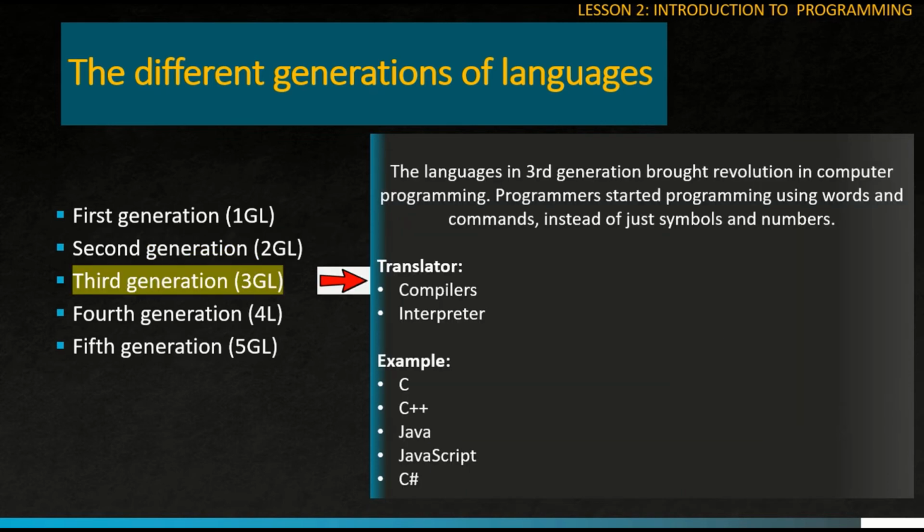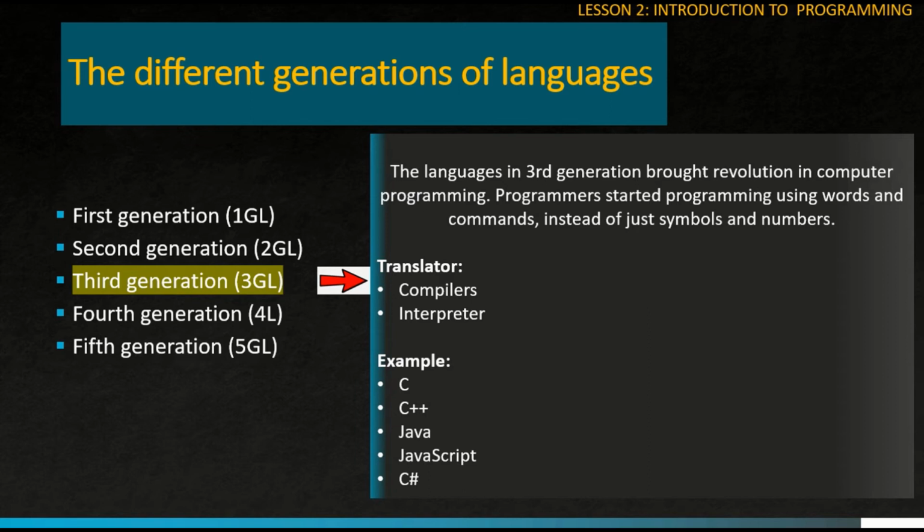Now let's move ahead. The languages in the third generation actually brought a revolution in computer programming. Programmers started programming using words and commands, instead of just symbols and numbers. Languages in third generation are programmer-friendly, much easier to learn and maintain, as compared to previous generations' languages.